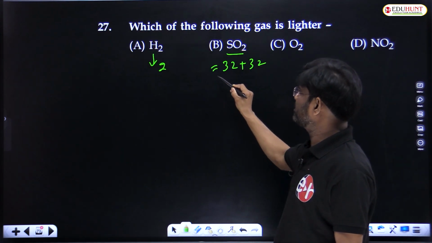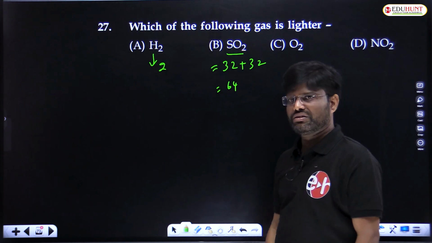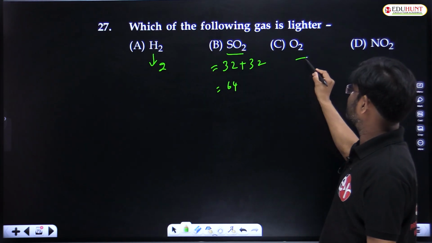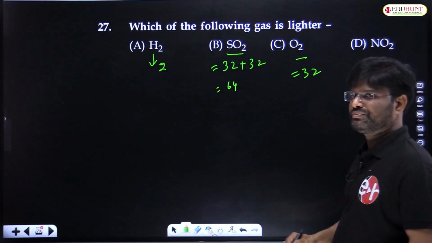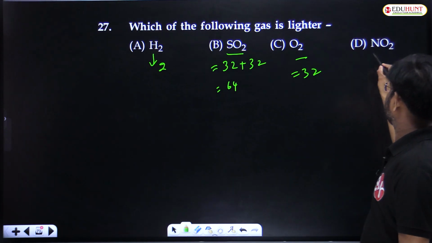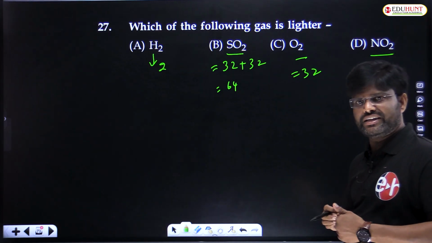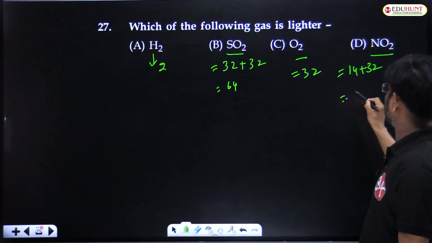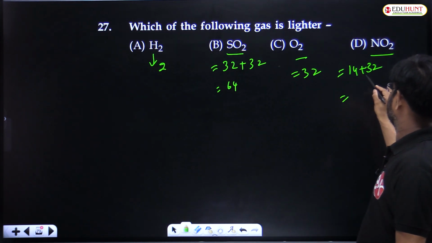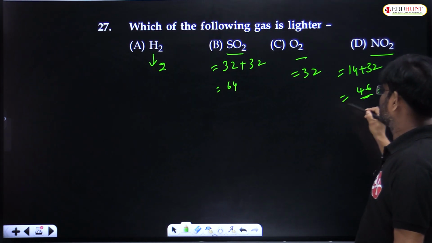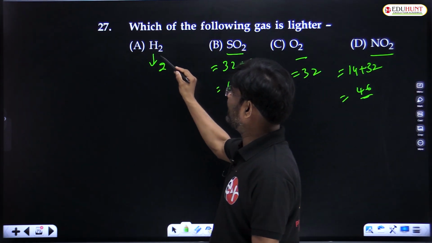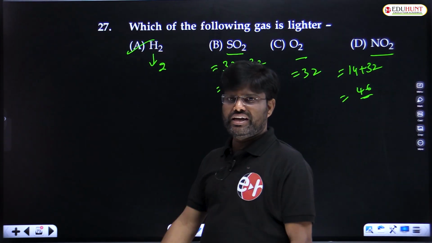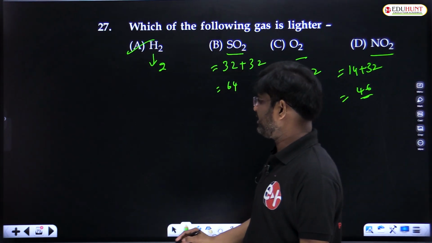So total how much is it? 64. And oxygen is equal to 32. And NO2, nitrogen dioxide, 14 plus 32. So how much is it? 46. So which is the lighter weight? Answer is A. 27th answer is A.